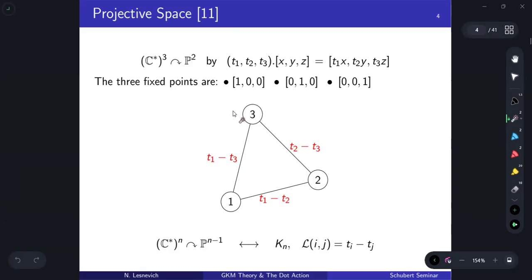It's projective, so we can scale however we want, and multiplication isn't going to do anything to any of our coordinate points. Those translate to our three vertices in this graph. Edges between them being one-dimensional torus orbits end up connecting all of them in this case.